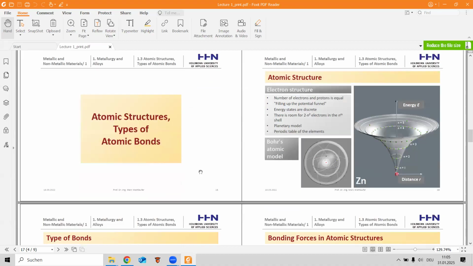Structure, types of atomic bonds. Electron structure: the number of electrons and protons is equal, filling up the potential field. Energy states are discrete. There is room for 2n² electrons in the nth shell.